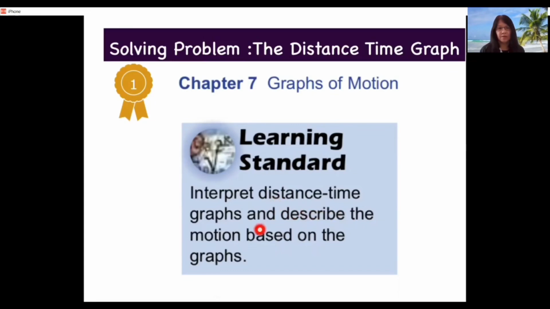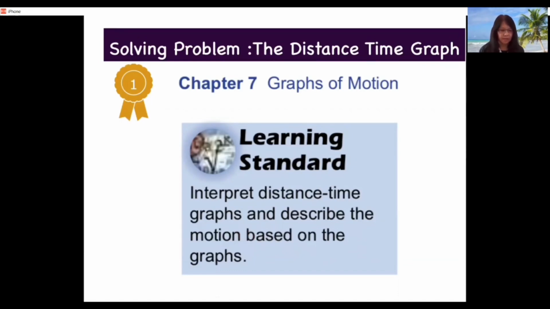So there are two main objectives. One is to interpret the distance-time graph, and the other is to describe the motion based on the graph. Okay, let's proceed to the next.